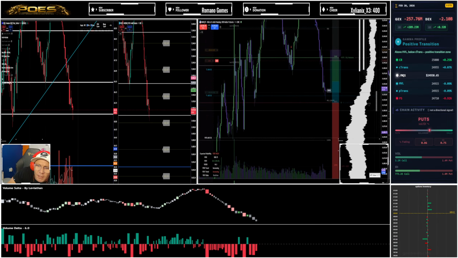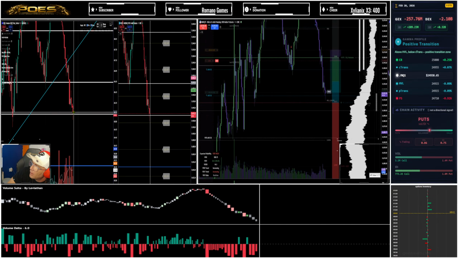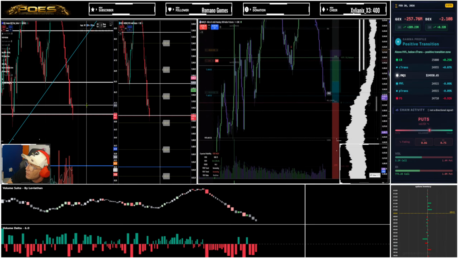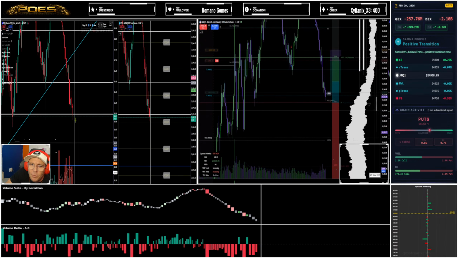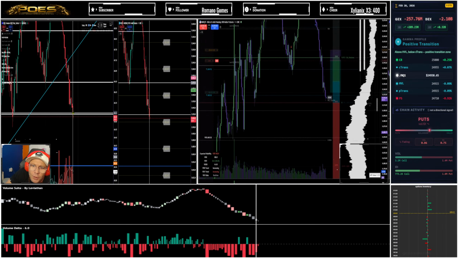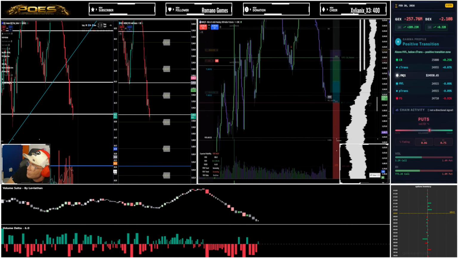We are looking for something like this. Where are we? Oh fuck, we're all the way up there. We are looking for something to pop back up here. Closes under, not good. With volume, not good. This is a big volume area as well.